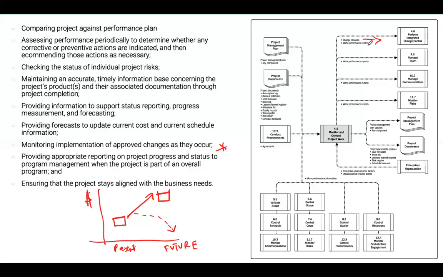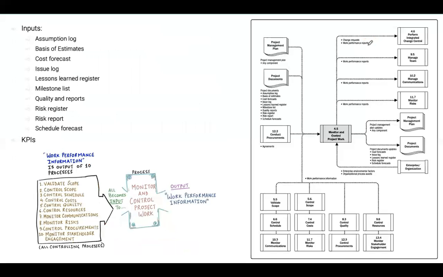So it's worth for us to make sure that we keep a clear track of what's going on in this particular process. So, Grant, we have that. So inputs, obviously, we have the assumption logs, basis of estimates, cost forecasts, issue logs, these kinds of things.